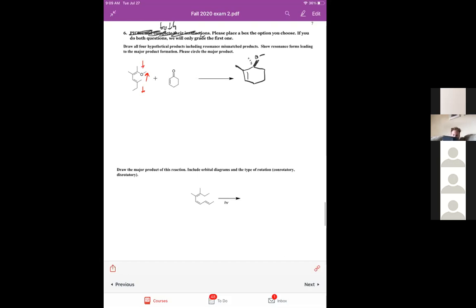Methyl on a dash, and then on the bottom, methyl on a wedge. Ethyl here on a dash. Before we fill in the rest of it, this portion of our molecule is not going to change for the 4 answers. So we can go ahead and just redraw this 3 more times.